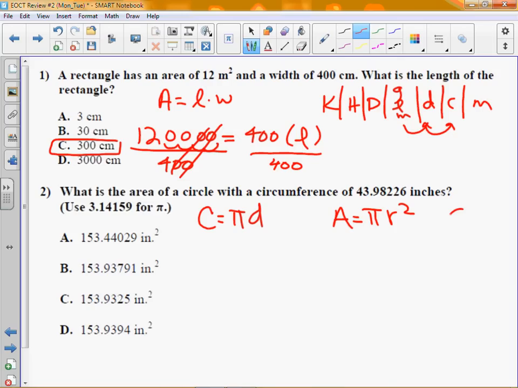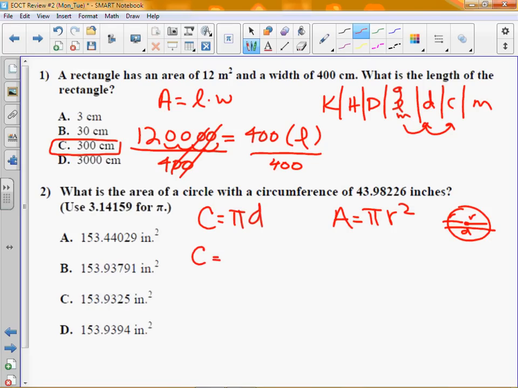Okay. Last week I gave you this picture and said halfway across a circle is the radius, all the way across the circle is the diameter. So how many r's does it take to be equal to the diameter? So twice the radius is the diameter. So the first thing you have to do right here, it says what is the area of a circle with the circumference of 43?